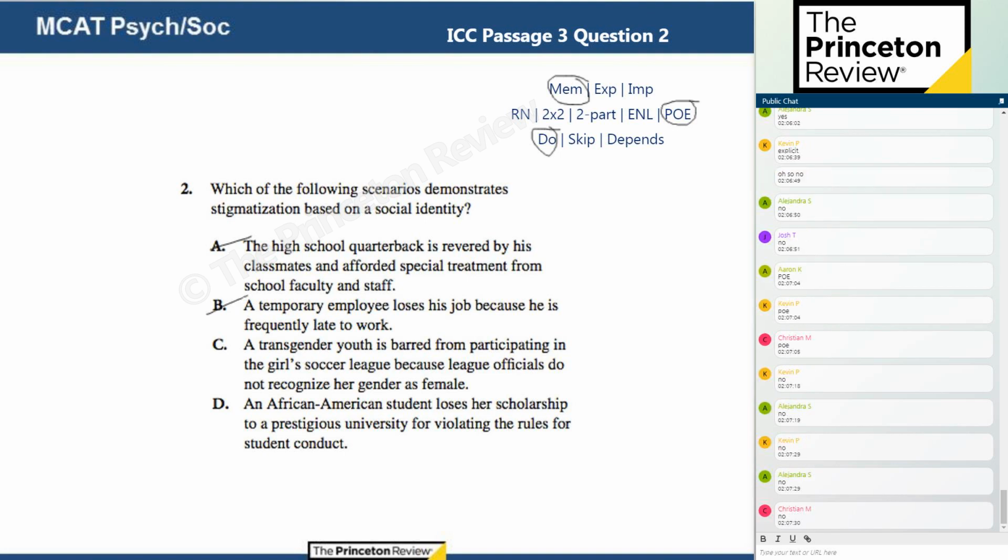How about a transgender youth being barred from participating because league officials do not recognize her gender? Yeah. And how about an African American student losing her scholarship for violating rules? Is that stigma? No, that's just like what happens, right? That's consequences for breaking the rules. So our answer is C.